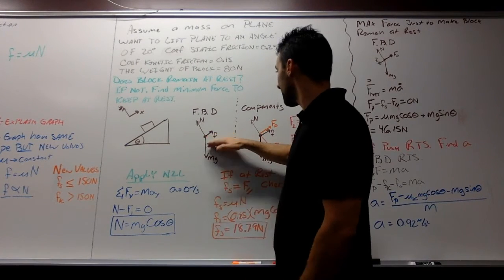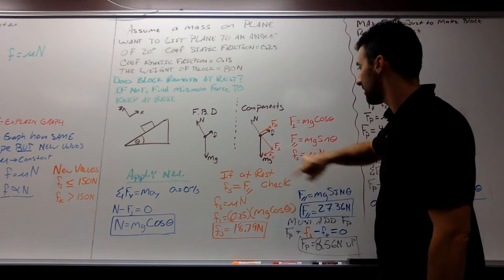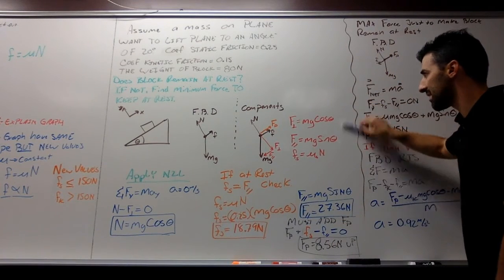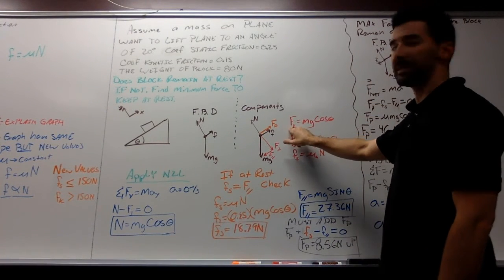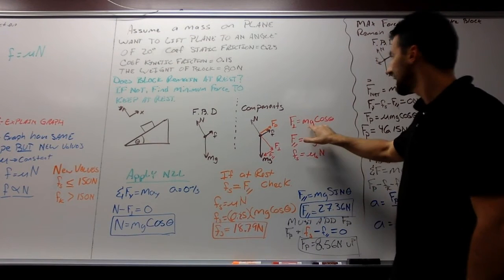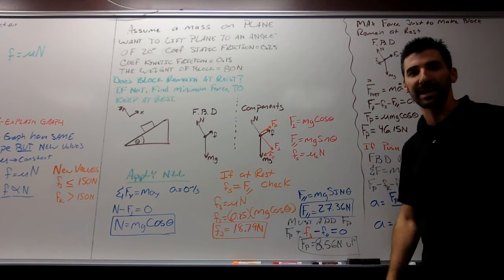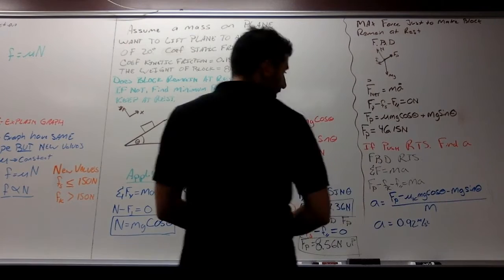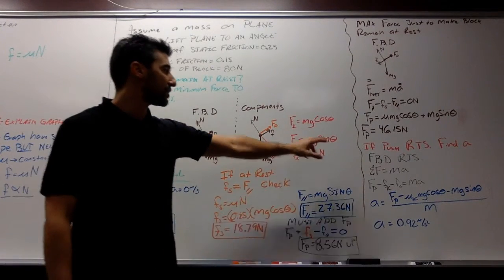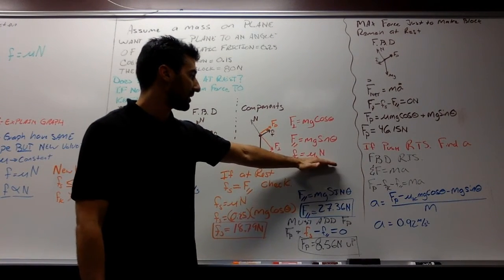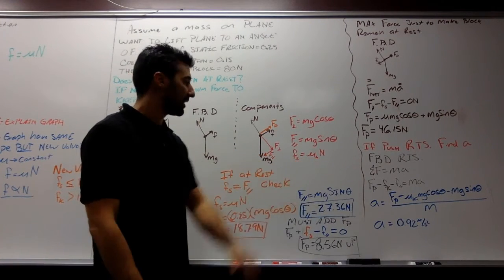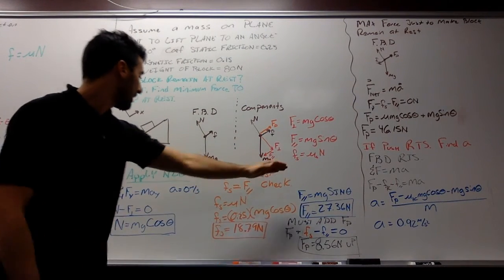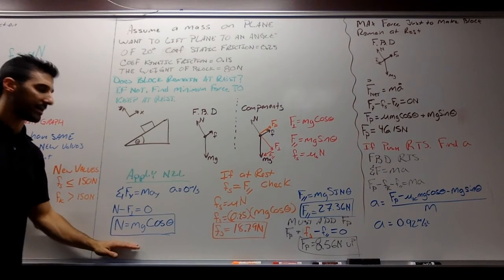So I have my free body diagram, I have my components with F parallel and F perpendicular, and the things that I know: my perpendicular component of gravity is mg cosine theta, my parallel component of gravity is mg sine theta, and my static frictional force, because it's not moving, is mu s times the normal. Come all the way back over here, we're going to apply Newton's laws.